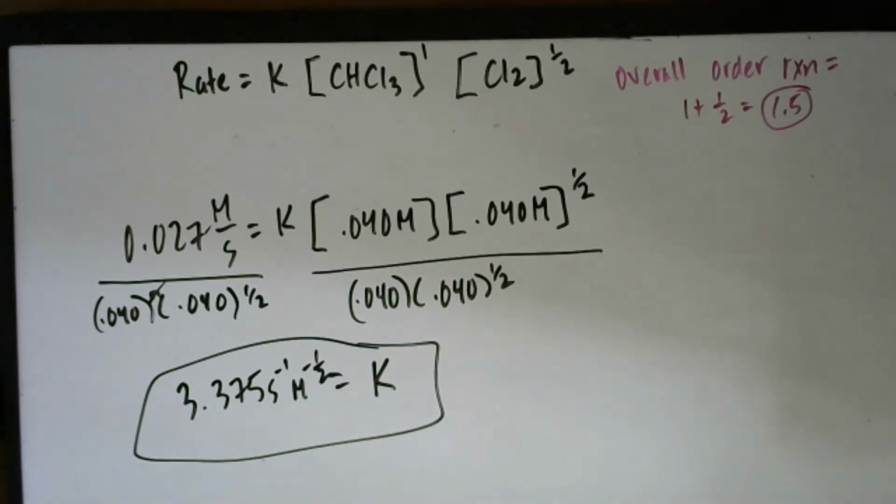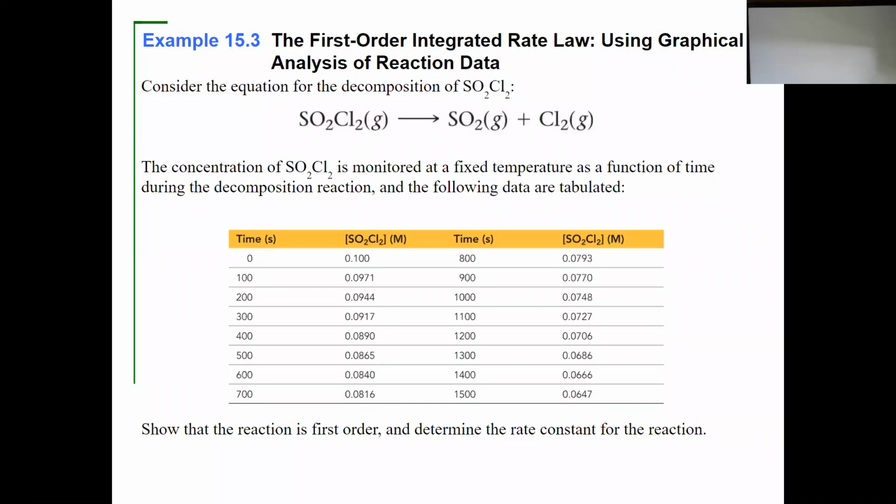Let me pause this real quick and pull up the next question. So this question gives us a decomposition reaction, and it gives us another table of data, right? And so you're going to have some options here.